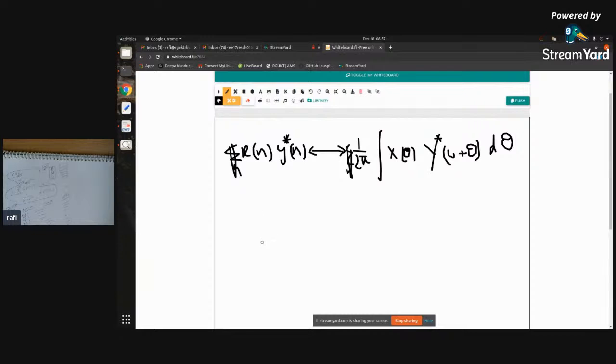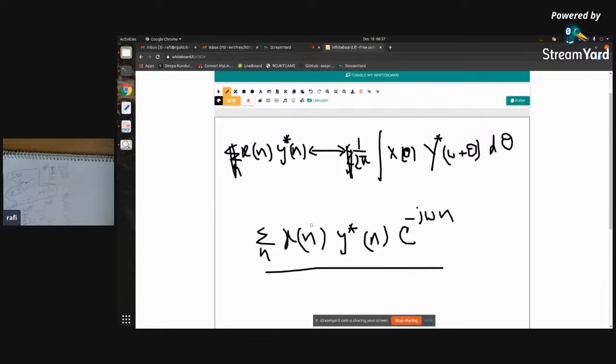Okay, let us write it as another step. So what is the meaning of this one is summation over n x of n y star of n e power minus j omega n.